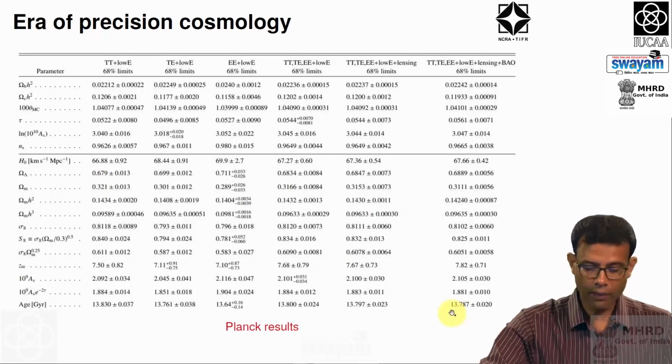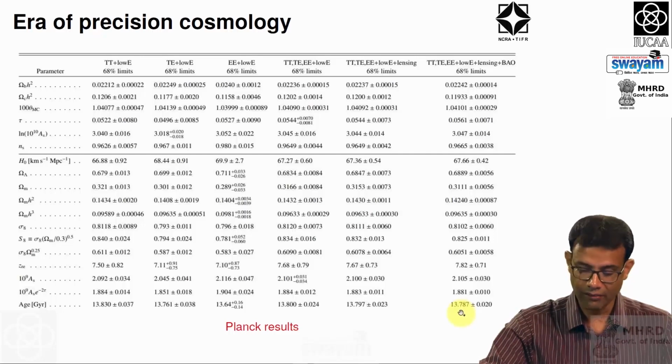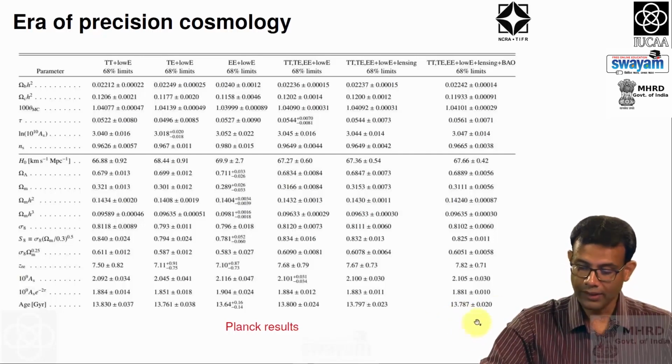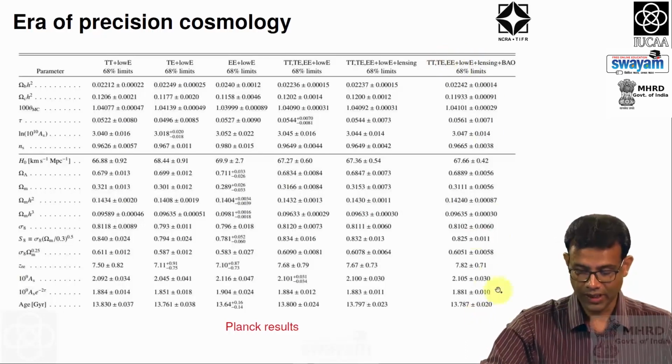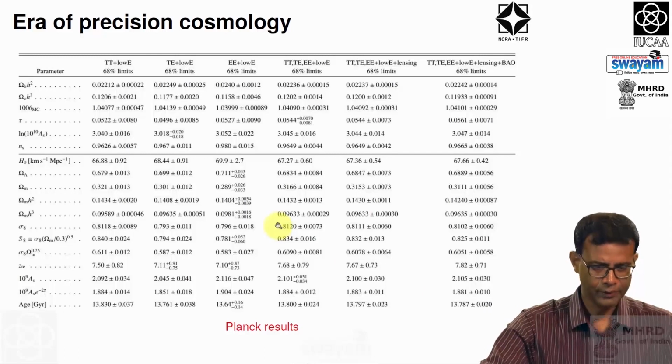The age we are talking about is somewhere in the range of 14 gigayears. Okay. In fact, it is 13.787, and the error bars are plus minus 0.02 if we believe this data set. Okay. So, you can see again the precision with which one is measuring various things.